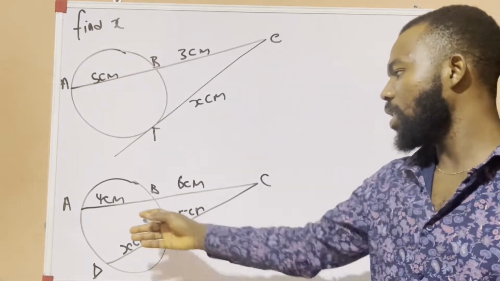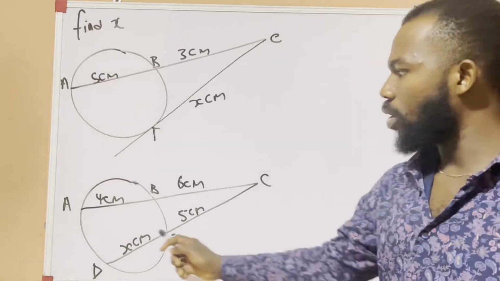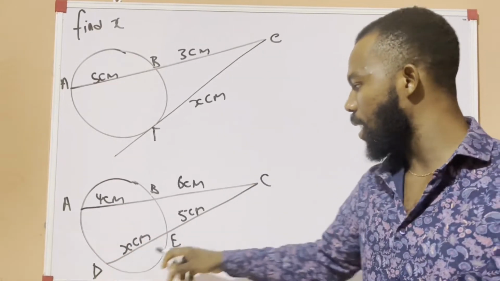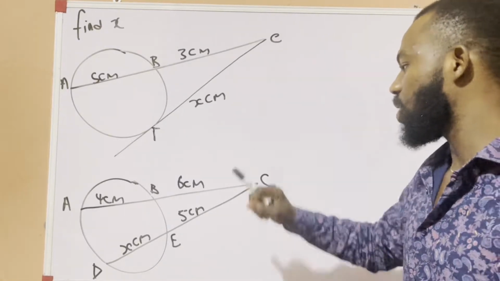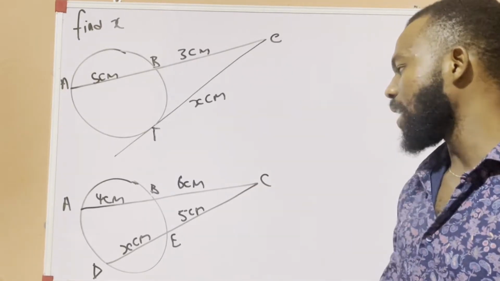And you see that in diagram 2, both chord AC and chord AD meet outside the circle at point C. So we have to find the value of x.